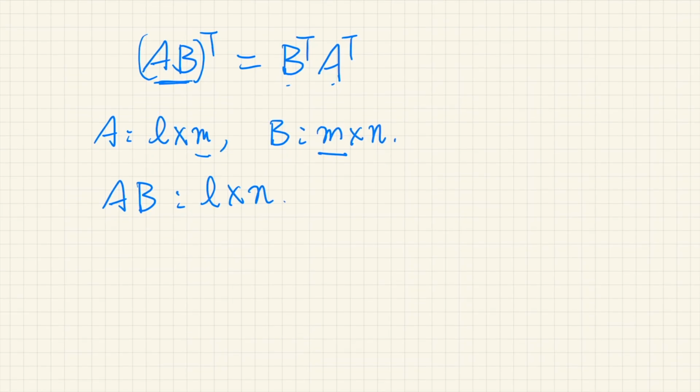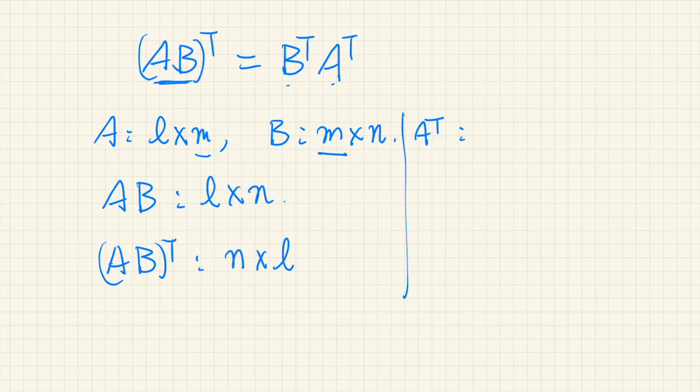So that means AB transpose should be an N by L matrix. Now A transpose is an M by L matrix, and B transpose is an N by M matrix.